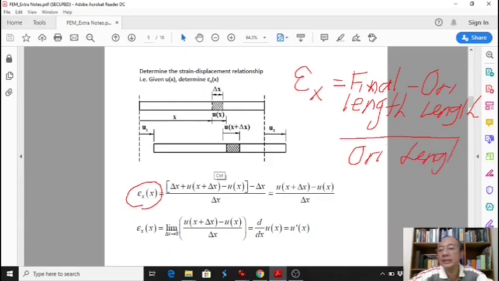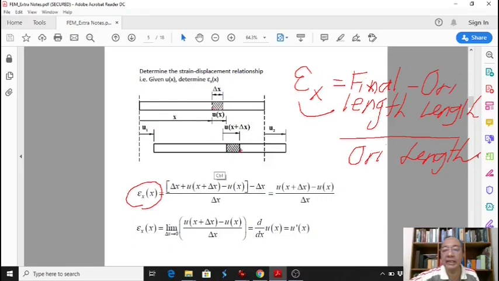So this is the basic definition of strain. Here, this is the original length delta x, and this is the final length.